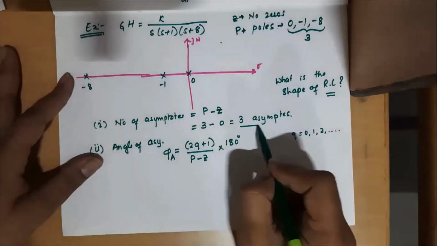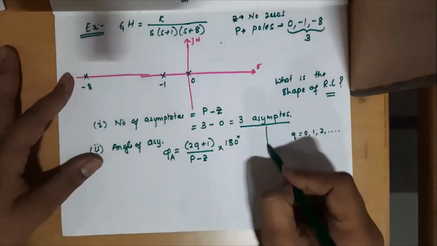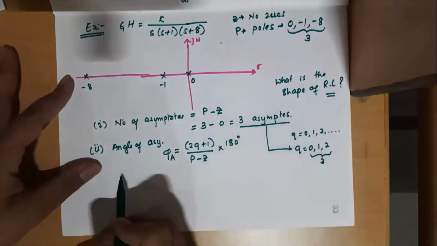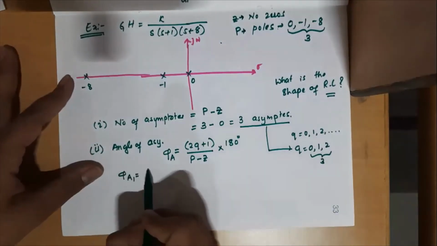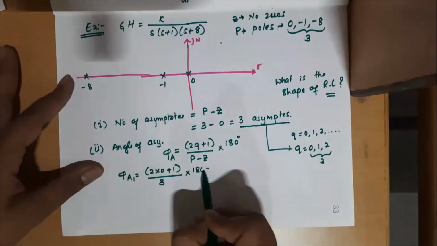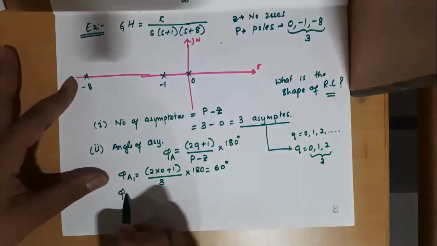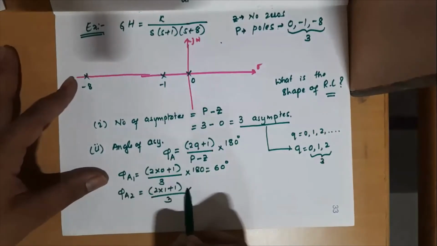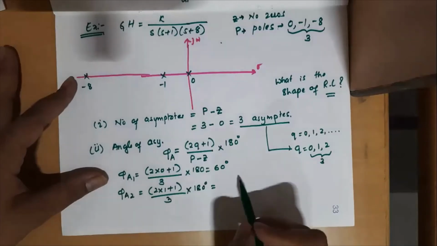So let us calculate the angle of asymptote for our case. There are 3 asymptotes, so Q is 0, 1, 2. First angle of asymptote is (2 into 0 plus 1) divided by 3 into 180 equal to 60 degrees. Then the second angle of asymptote is (2 into 1 plus 1) divided by 3 into 180 equals 180 degrees.